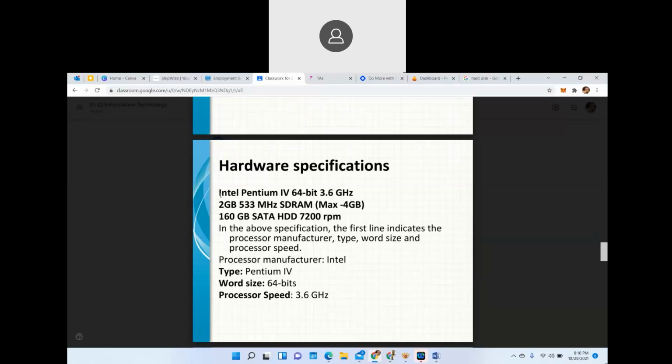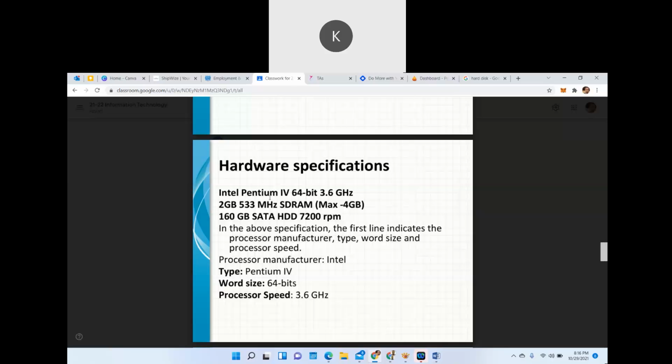Who can tell me, what do you think that is describing? Yes, sir. The brand of the computer? No. Is it the processor, sir?